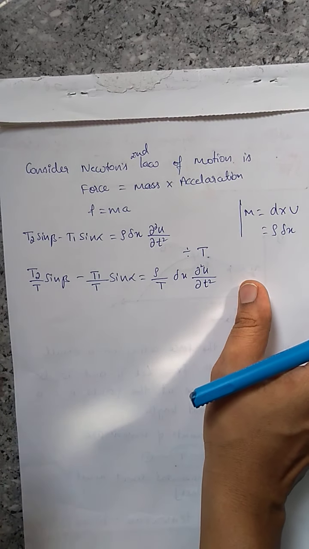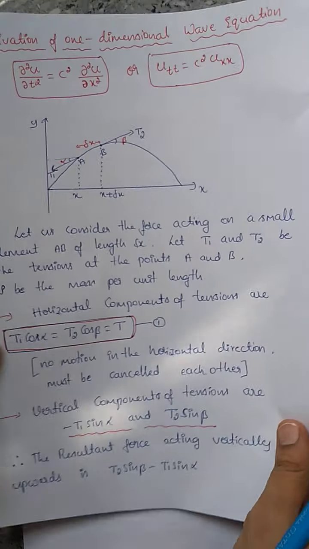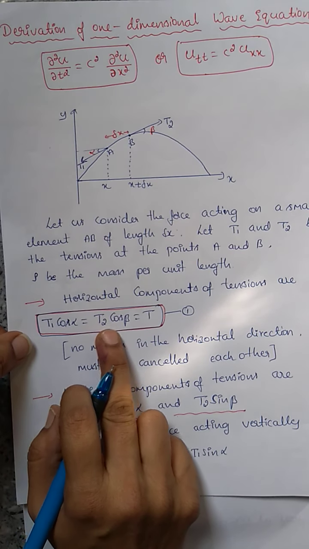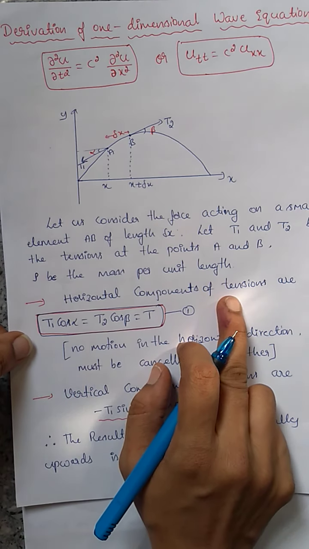Okay, further simplification. We know the first equation, T1 cos alpha is equal to T2 cos beta is equal to T, the horizontal component of tension.